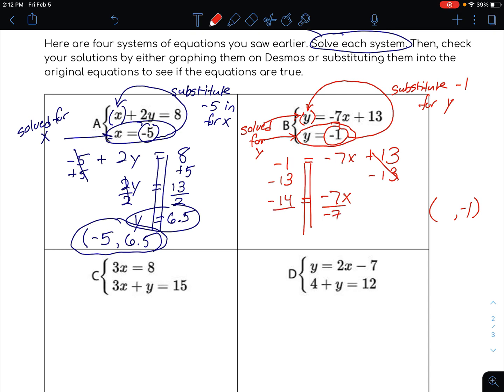So to undo multiplication, we will divide both sides, in this case by -7, which is equal to +1x. And then over on the other side, -14 divided by -7 is +2. So x equals 2 and y equals -1, which means that our solution should be 2, -1. In other words, that should be the intersection of the two lines.